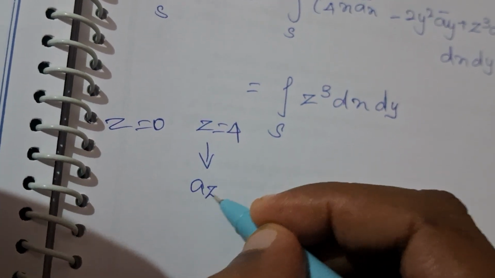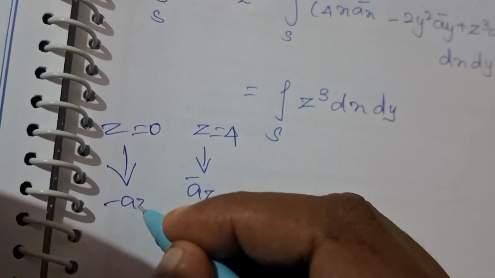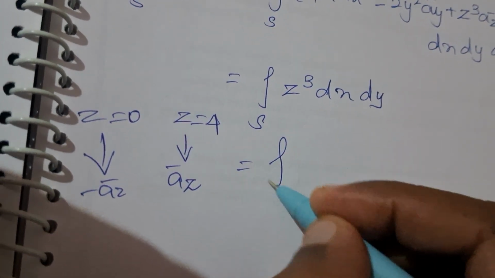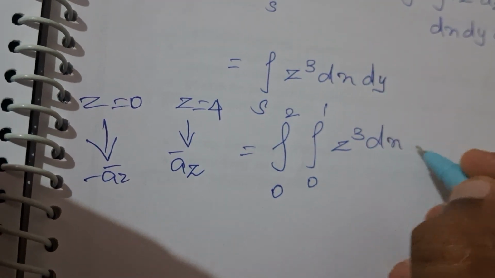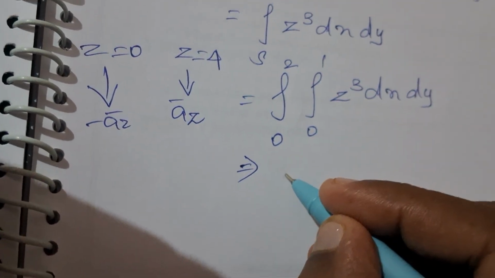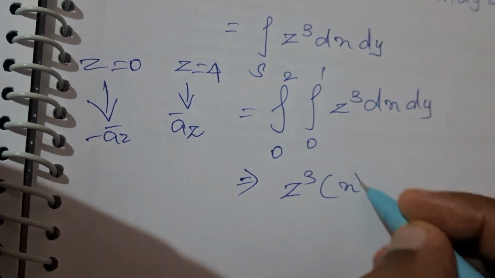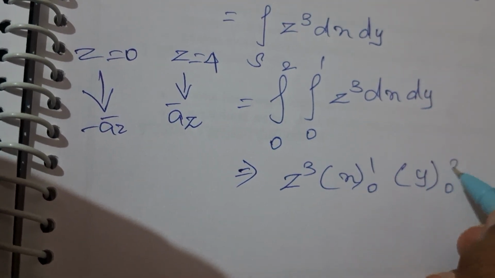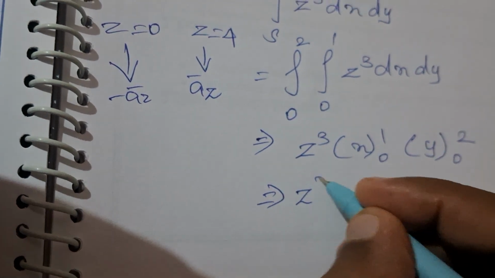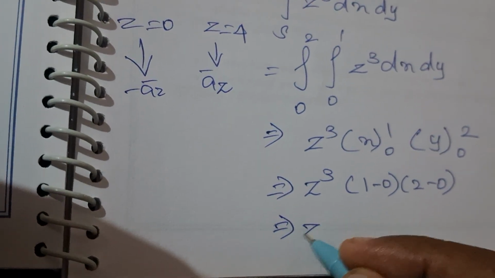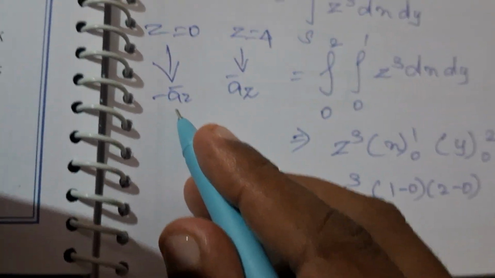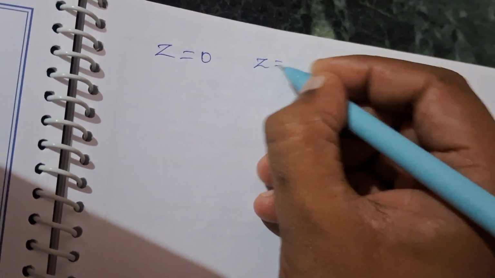So here is az, here minus az. Apply the limits of x 0 to 1, y 0 to 2, z cube dx dy. So we get z cube, x from 0 to 1, y from 0 to 2. So z cube, 1 minus 0, 2 minus 0. So z cube into 2. Substitute z values here, z equal to 0 and z equal to 4.